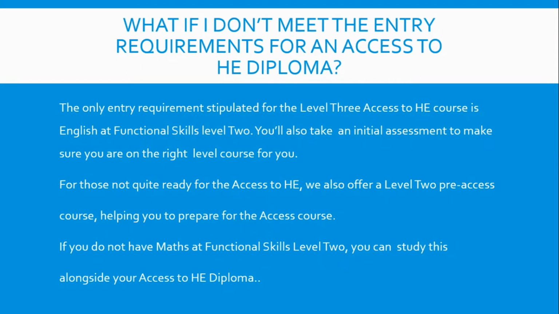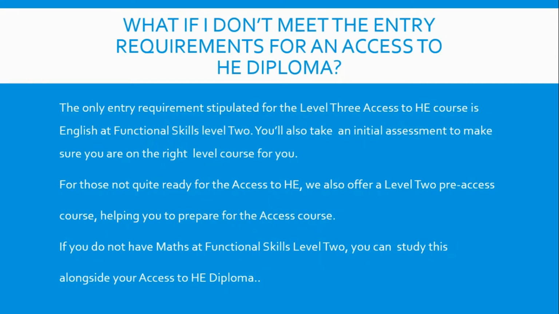But level 2 English is a requirement of the course. Now, occasionally we've got people that have done it a long time ago. We had someone this year who had O-level certificates, I think, but obviously couldn't locate them after quite a lot of time. And so we also have an initial assessment which works out your readiness for the course.